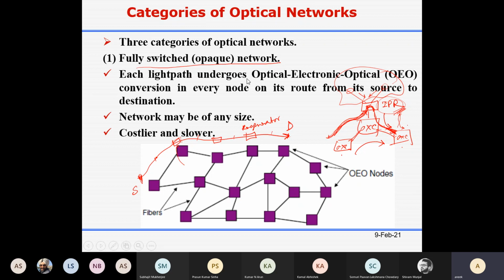This is the opaque network: it uses light paths that undergo regeneration at every intermediate node.